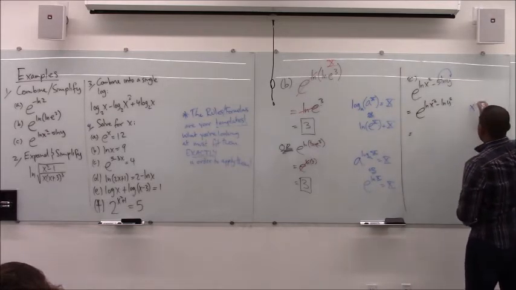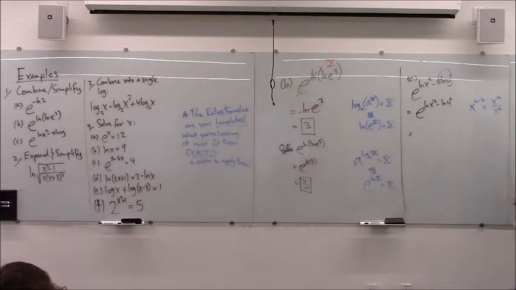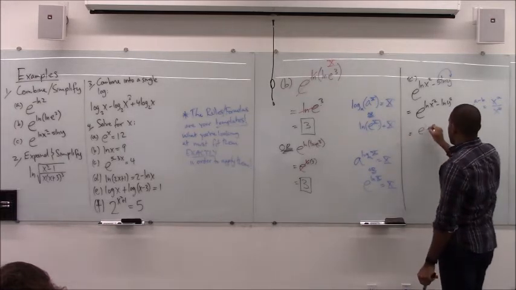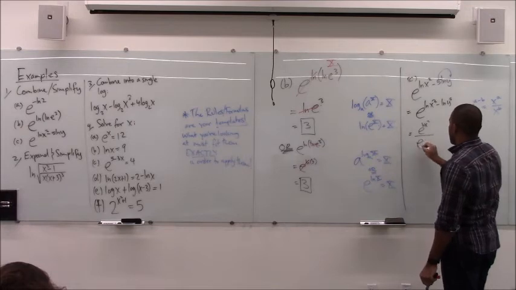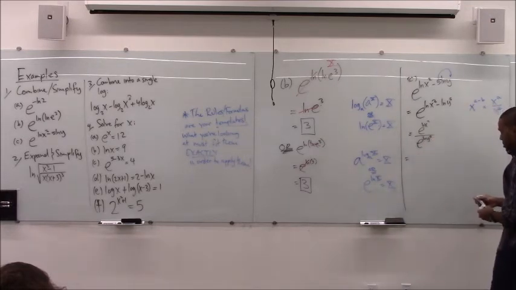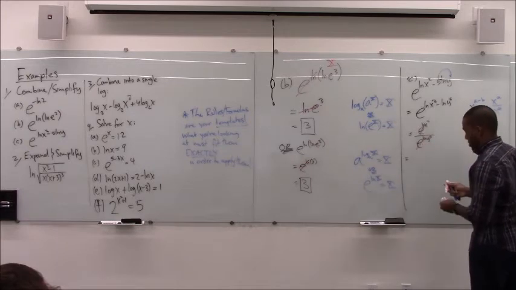If you have x to one power minus another power, it means x to the a over x to the b. A subtraction of the power means a division in the base. So this is e to the ln of x squared divided by e to the ln of y to the 5th. Then you could cancel out the e and ln, and you're left with x squared over y to the 5th.